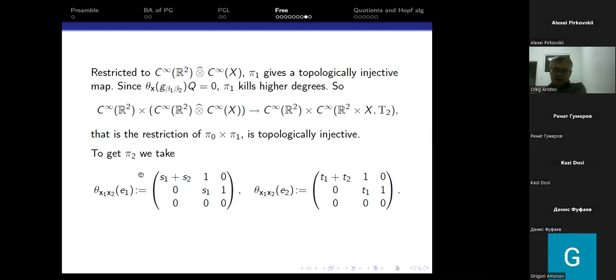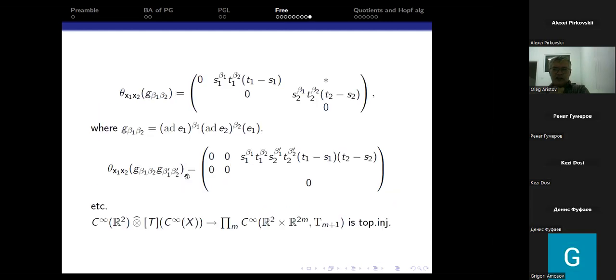And so we take the case when k equals 2. So we'll use the matrices of size 3. And then it's not hard to see that we have a similar situation when we apply this homomorphism for iterated commutators. We have a matrix with zero diagonal, non-zero second diagonal, and something in the corner.